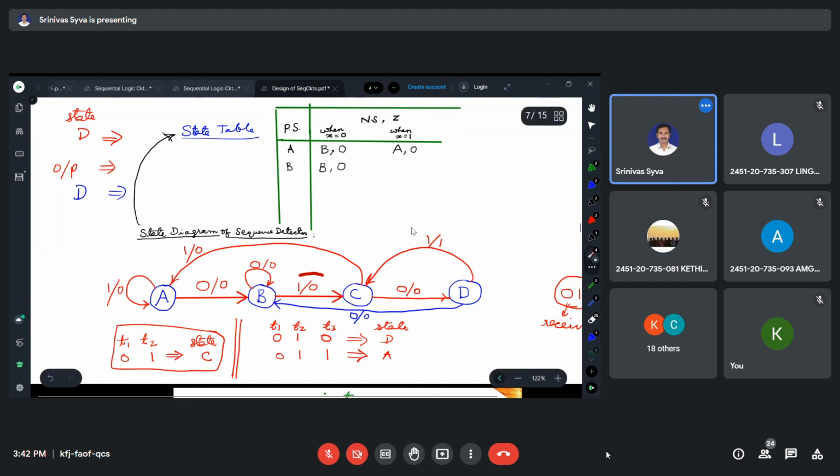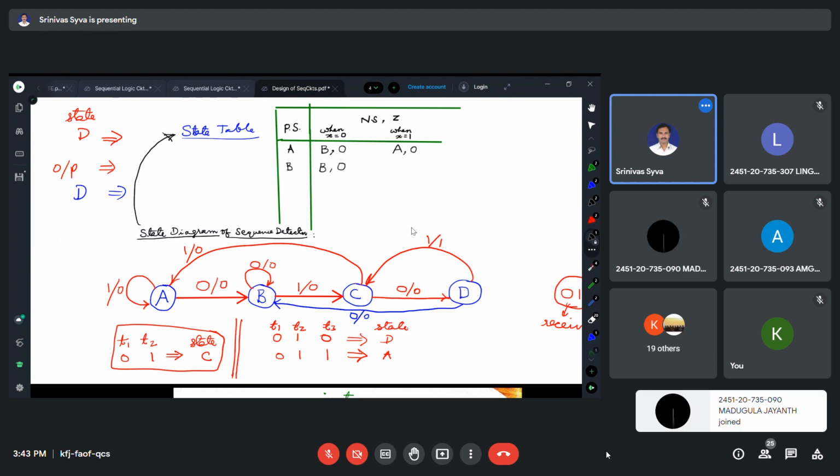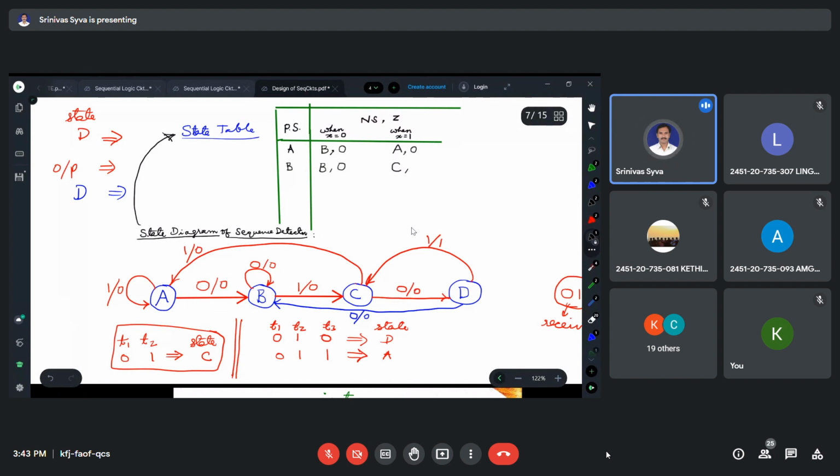So we have to enter again. We have received 1. So next state will be C and it is 0. Like this.